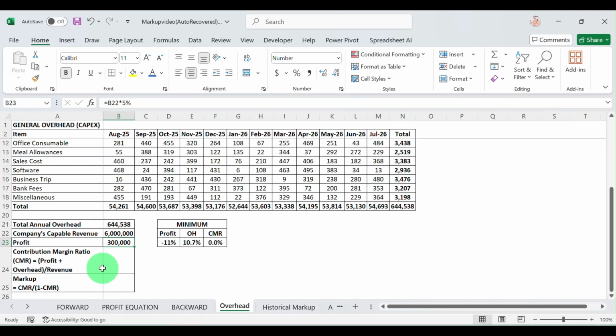So in that case, we can use our profit equation to calculate contribution margin ratio, which is equal to profit plus overhead divided by revenue.